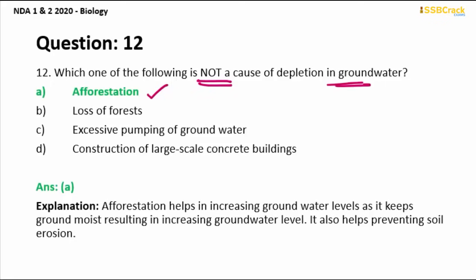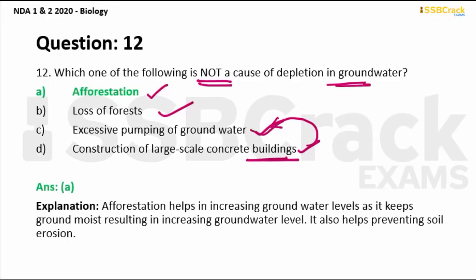What all causes groundwater depletion? Yes, loss of forest definitely, excessive pumping of groundwater, and construction of large scale concrete buildings. When there are a lot of buildings, obviously we need groundwater, so we tend to pump it excessively. Excessive pumping depletes the level of groundwater, and loss of forest is also a definite cause.